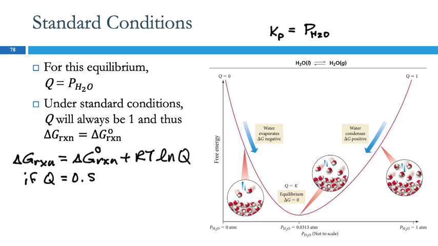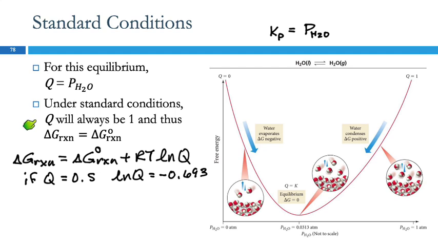What's the natural log of 0.5? Well, let's find out. Negative 0.693. So natural log of Q is negative. So that means that delta G is going to be smaller than the standard free energy change.